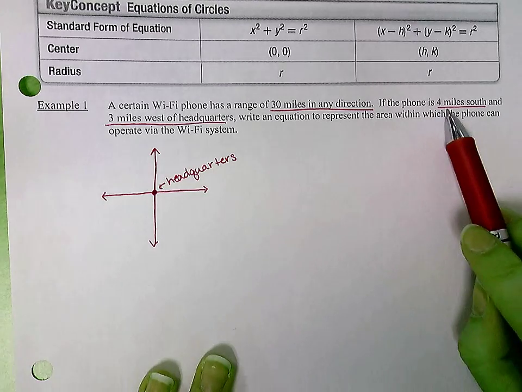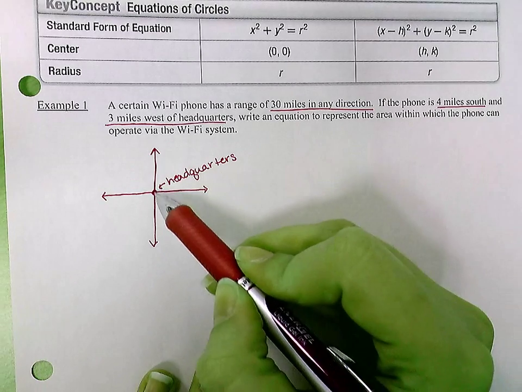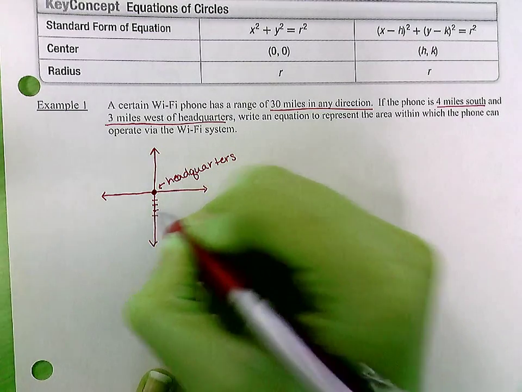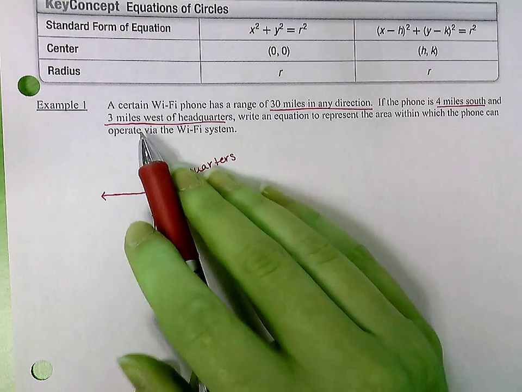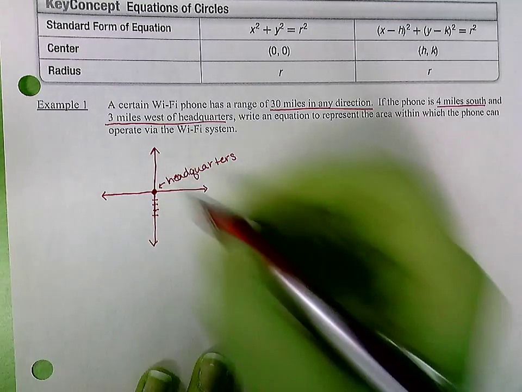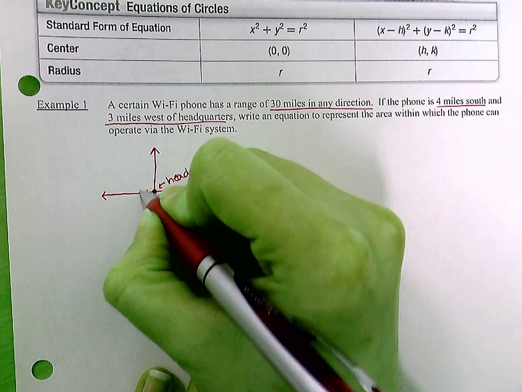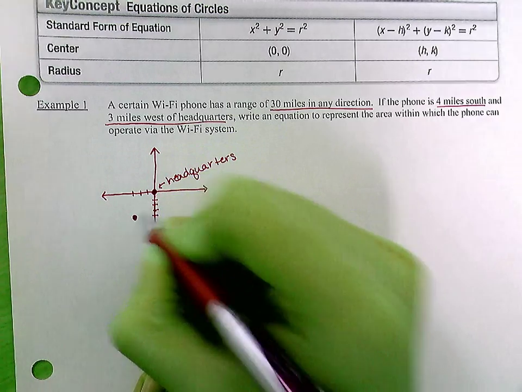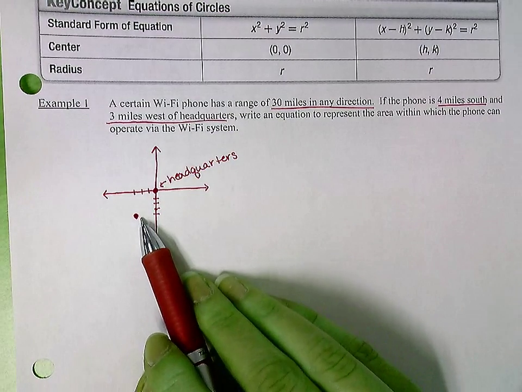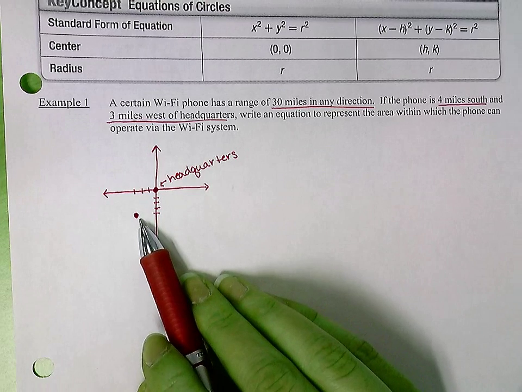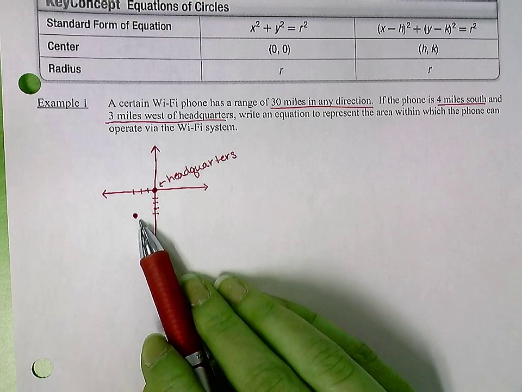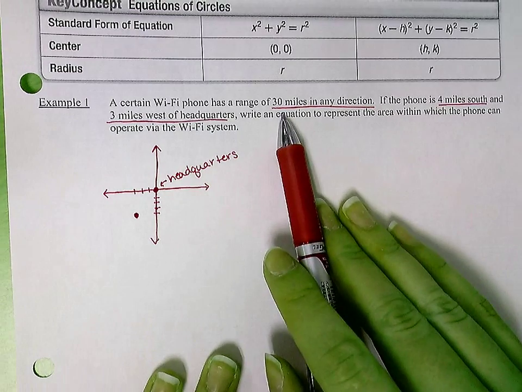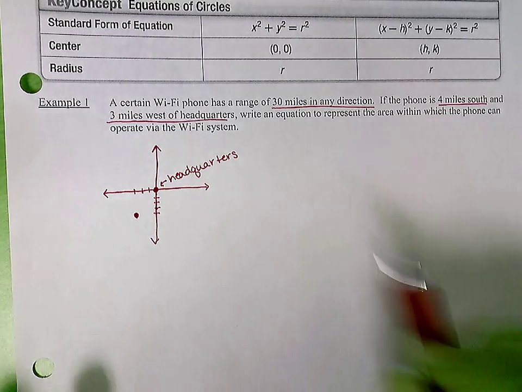Now the phone is 4 miles south, so we'll go down 4 miles. And it's 3 miles west of headquarters, so we'll go to the left. This is where the phone is. Now it has a range of 30 miles in any direction.